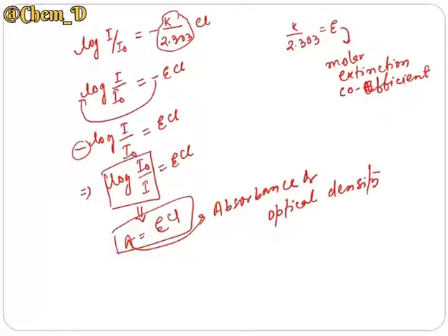So the absorbance is equal to ECL, which means absorbance is directly proportional to concentration, and directly proportional to the length of that cell or body.